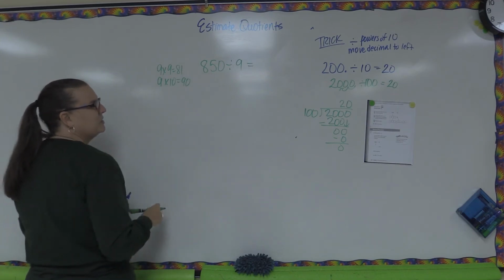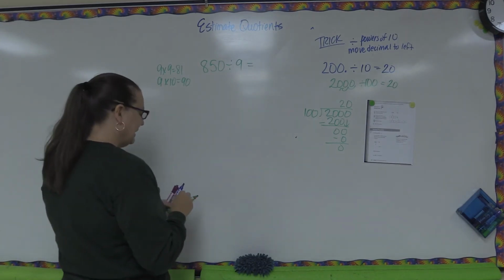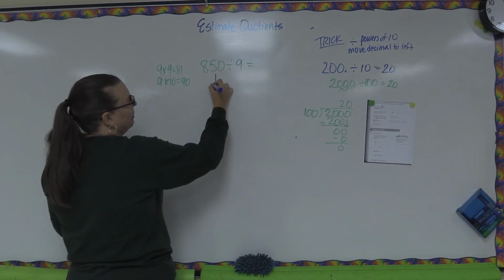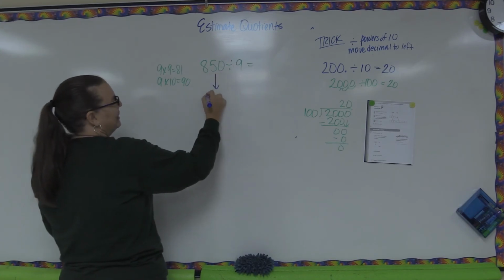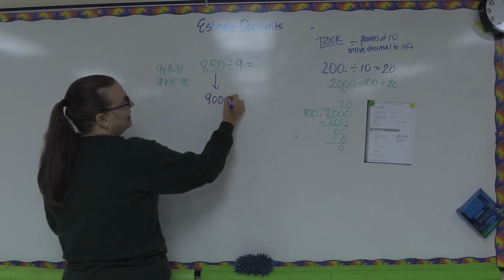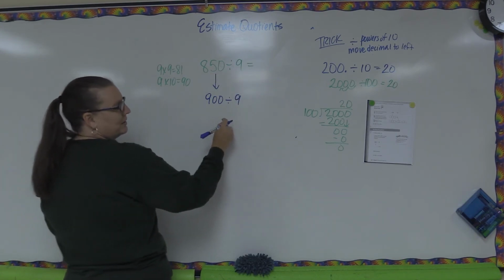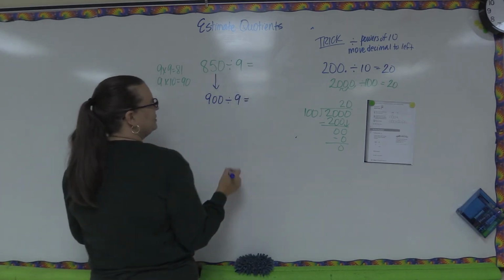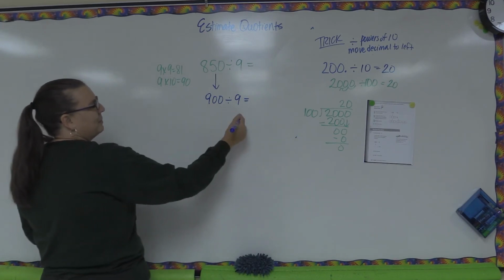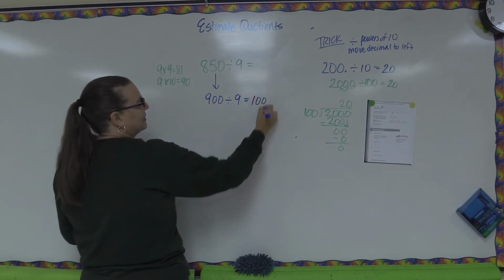That's pretty close too. I think I want to turn that into 900. My brain likes to round, and when I see that 5, I automatically want to take it into 900. And if I do that, that's a compatible number. It works really well with 9. So 900 divided by 9, well, that would be 100.